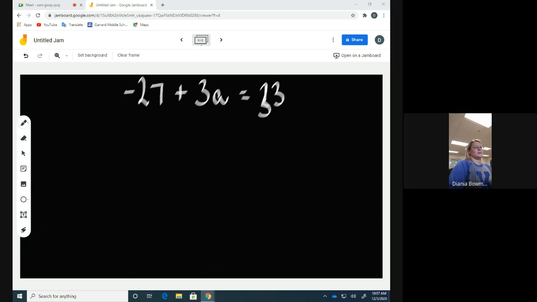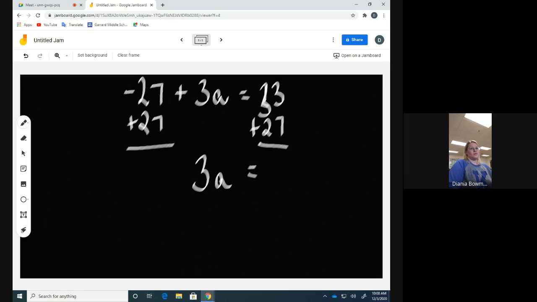So the opposite of minus 27 is plus 27. I'm going to add 27 to both sides. I'm left with 3a equals 60. So how do I get rid of that 3? I'm going to do the opposite of multiplied by 3, which is divide by 3. I'm going to divide both sides by 3. I have 1a equals 20.